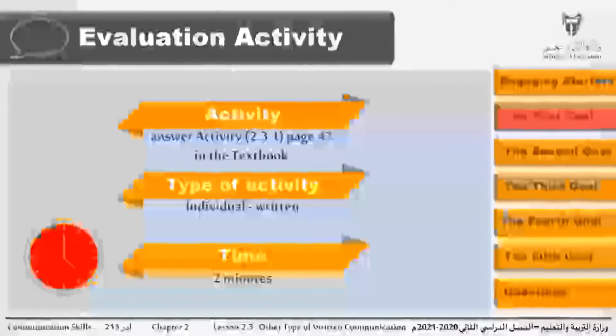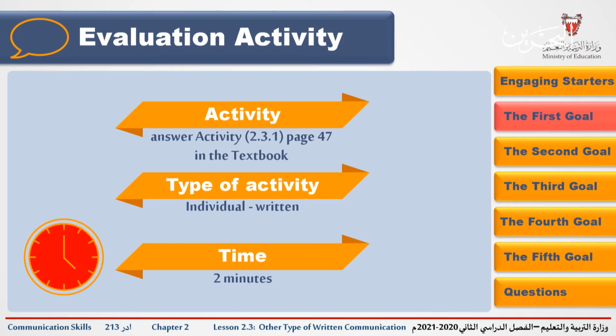Alright, media students, your time is up. You can check your answers from the information in your textbook. With this, we have completed our first objective. Let's move on to the second one.